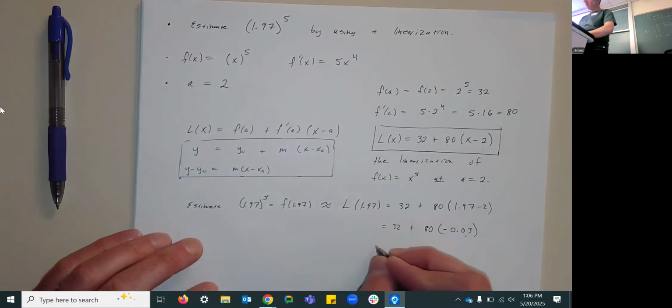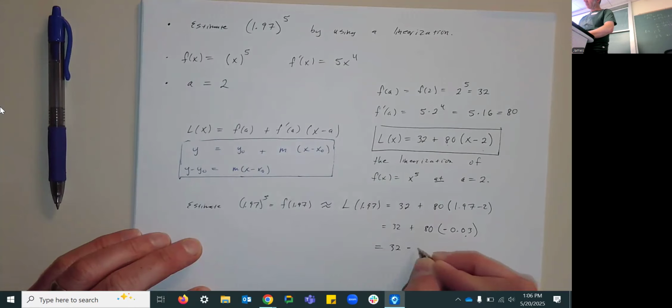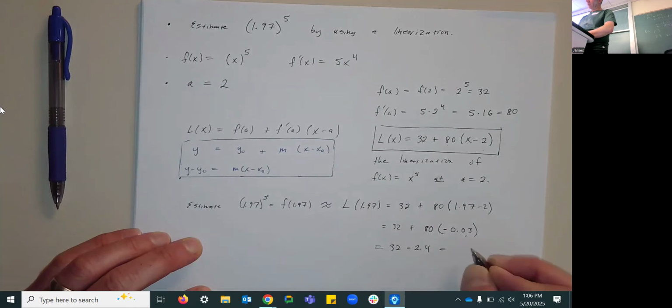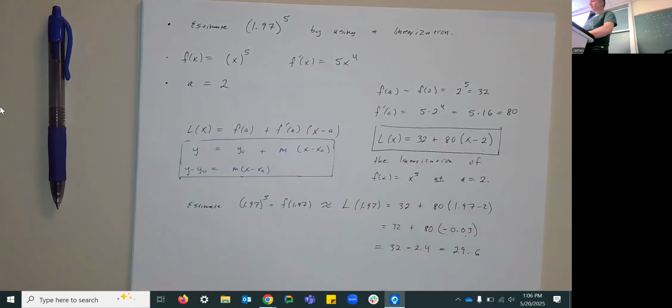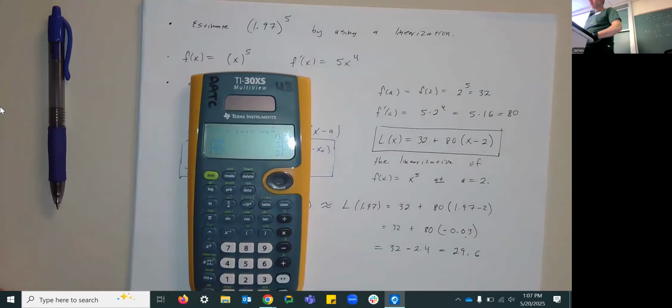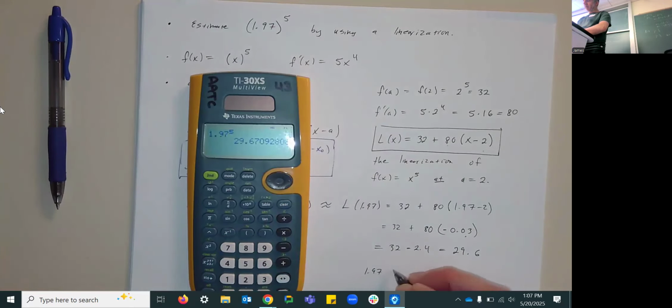So I'm going to have 32 minus 2.4, which is going to be 29.6. Now I can use my calculator for this one without having to look for a silly button. And if we actually plug in 1.97 to the fifth, we get 29.67 approximately. So yeah, good estimate. Decent job.